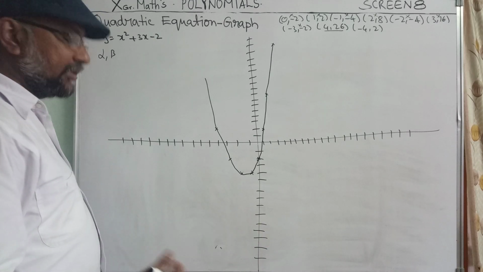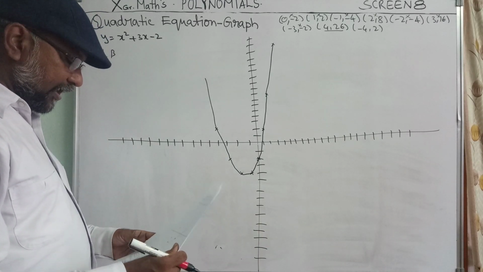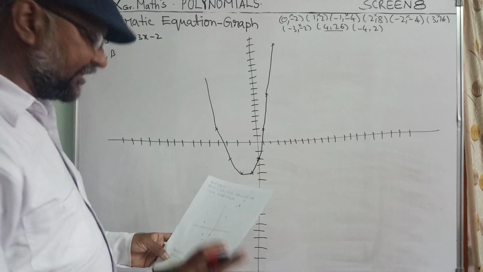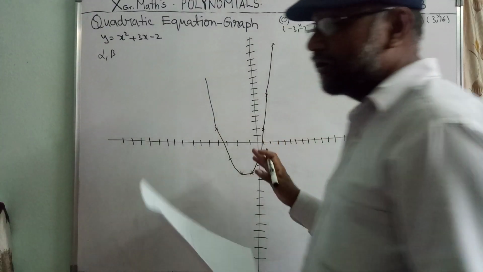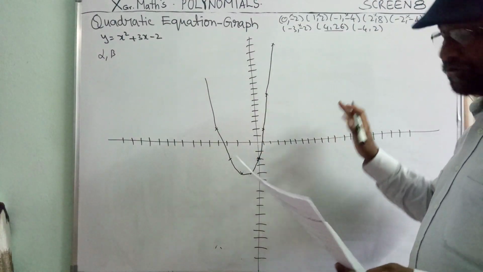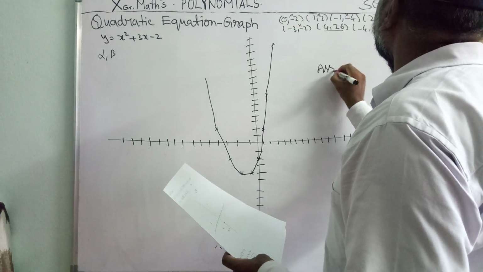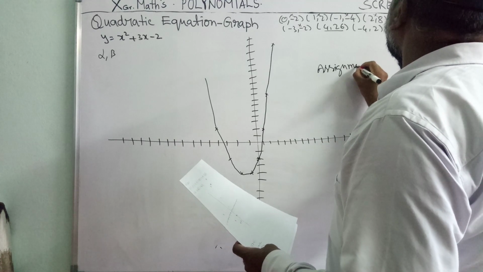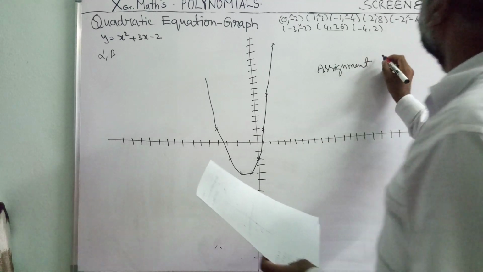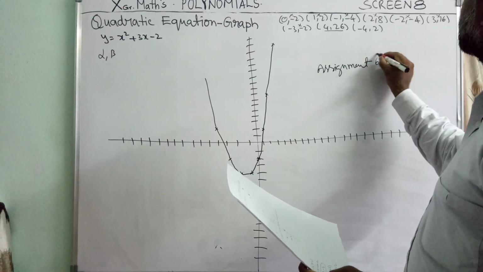We will check some other problems. Now I am going to give you an assignment. Practice is required for graphs. I have shown you. So, assignment number 6, I think.